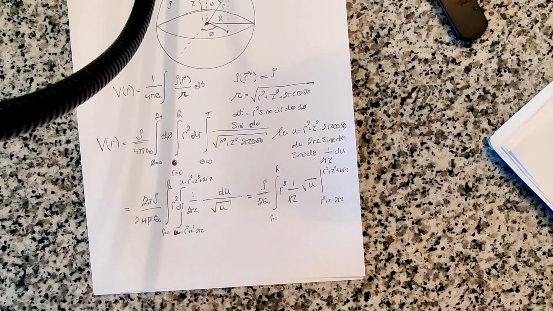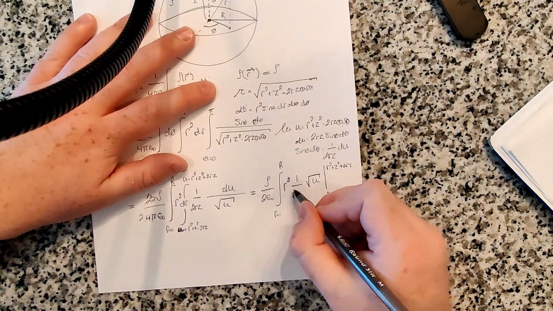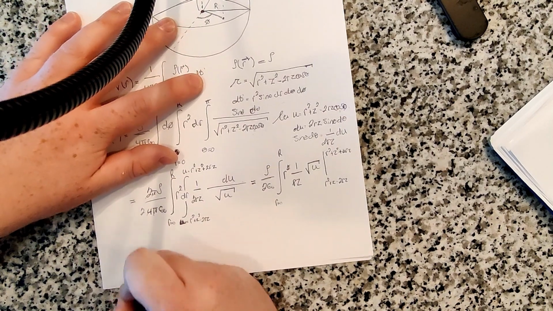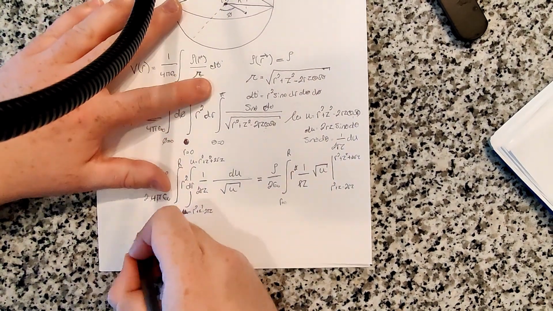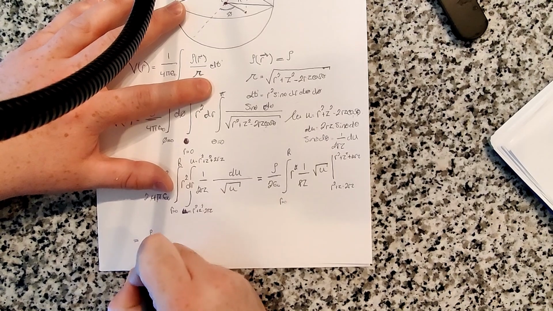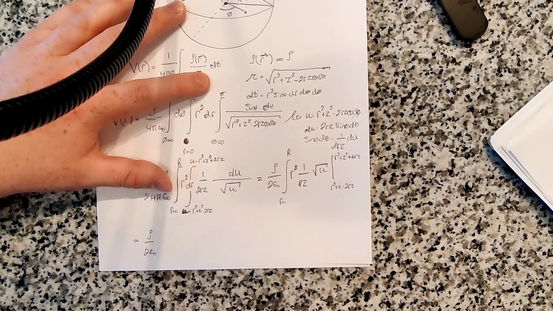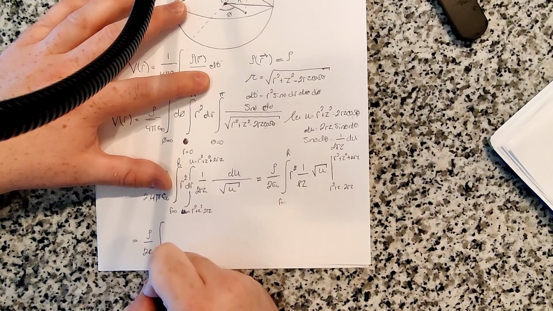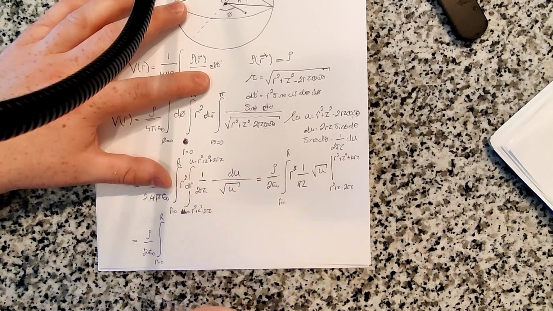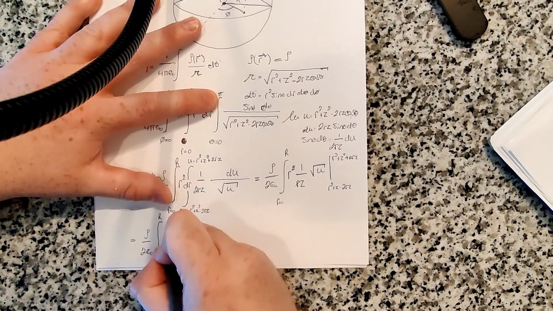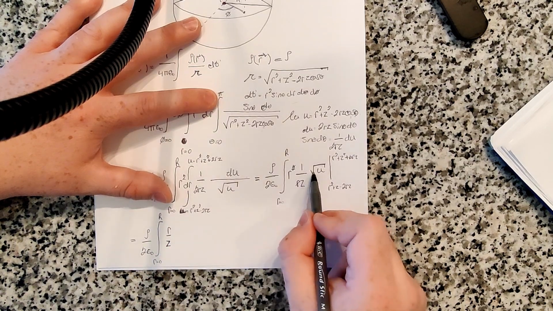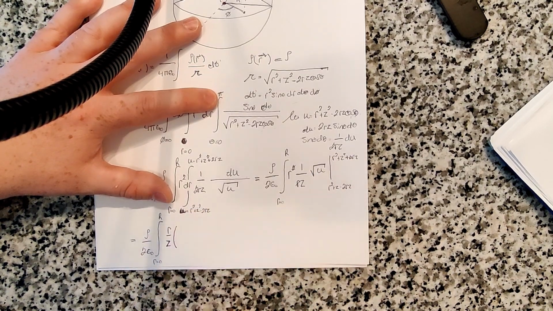Yeah, okay. Cool. So let's write this out. So we have rho over 2 epsilon naught. Then we have an integral from r being 0 to capital R. Then we have r over z, which we can ignore that for now.